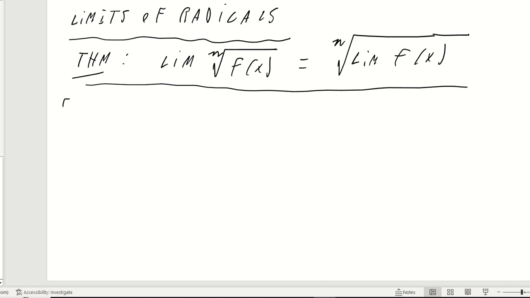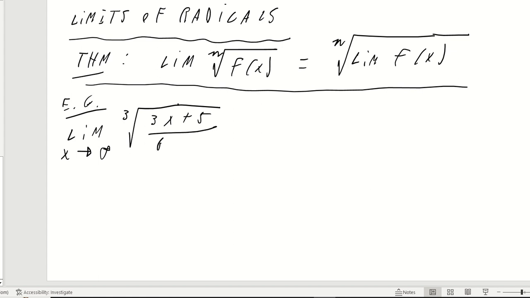So the example that we're going to do is we are going to get the limit as x tends to infinity of this quotient function inside a cube root. So it's the cube root of 3x plus 5 all over 6x minus 5.